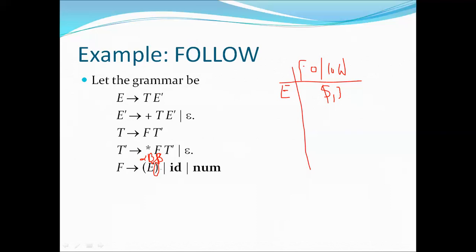This is also not nullable, because only variables can be nullable; this is a terminal, we cannot make it null. So the follow of E is only dollar and closing bracket.